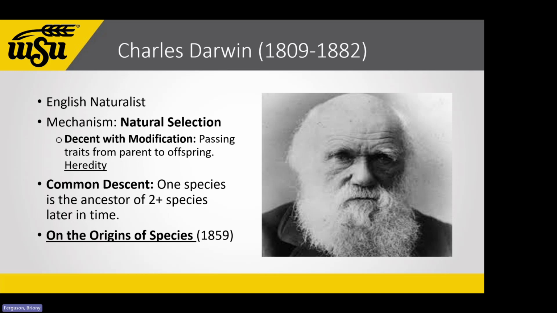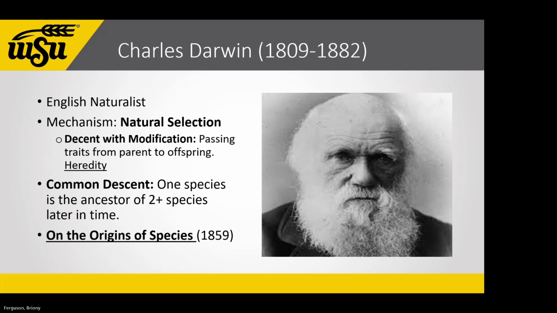Once he developed all of these theories, he consolidated them into a book called On the Origin of Species in 1859. This is the book that everybody is referring to when they hate on Darwin, but actually On the Origin of Species only talks about animal evolution, specifically about his finches.